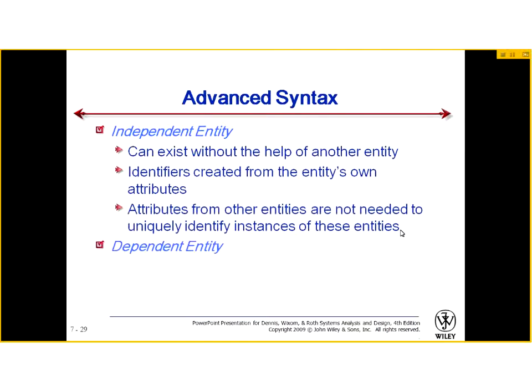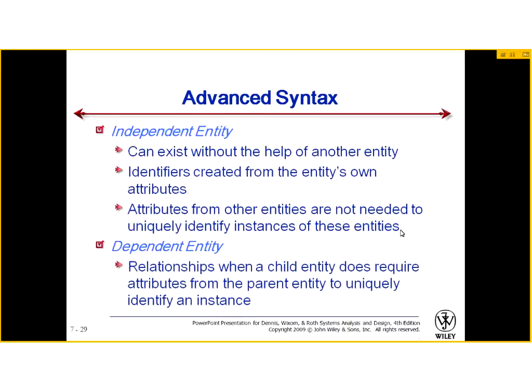There can be independent and dependent entities. The independent one can exist without the help of another entity. And dependent entity is the one like a child having the parent-child relationship. For example, the relationships where a parent entity does not require attribute from the parent entity to uniquely identify an instance.